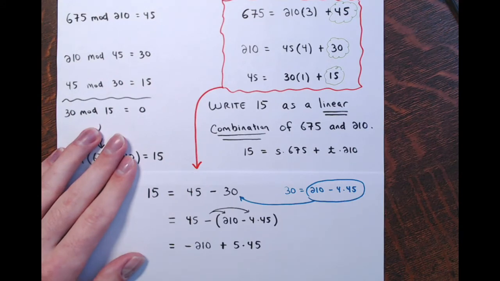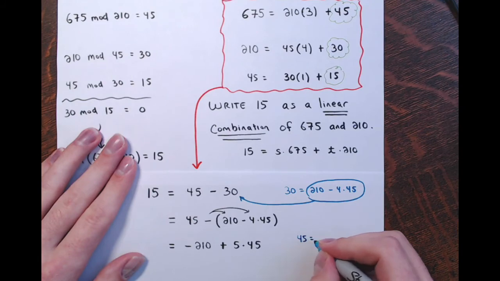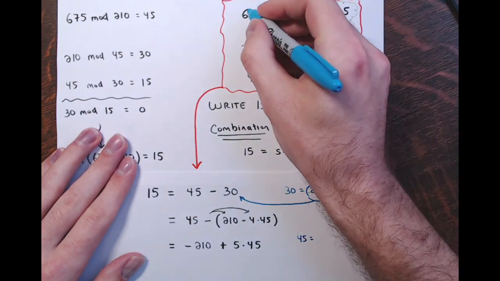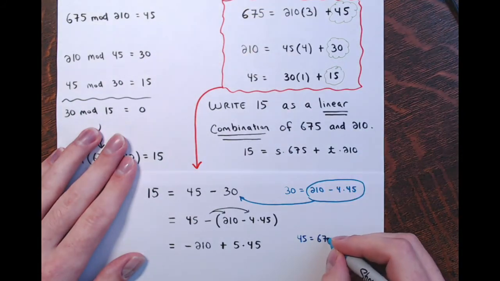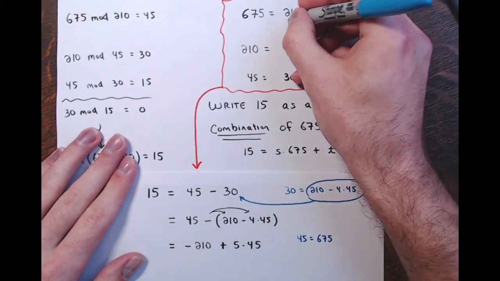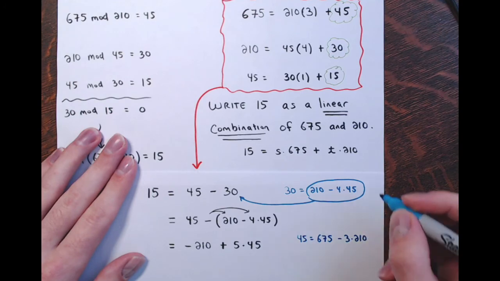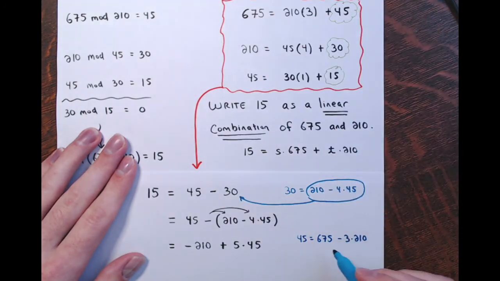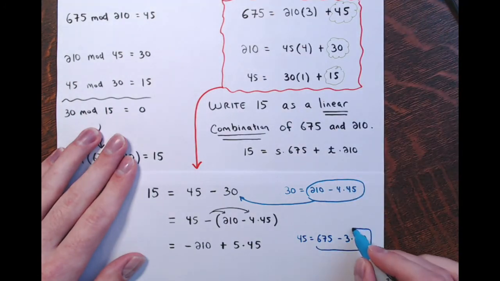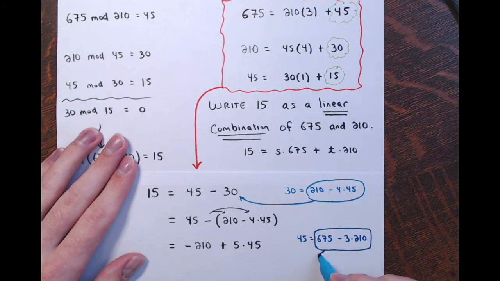And we're getting from that line that 45 would be equal to 675 minus 3 times 210. And then this statement, that's equivalent to 45, will replace the 45 in this last line here.